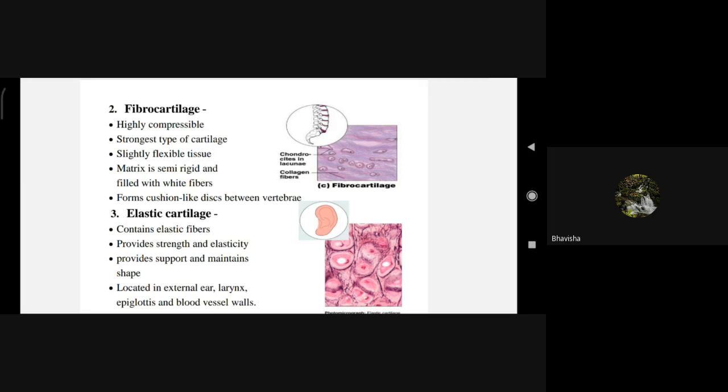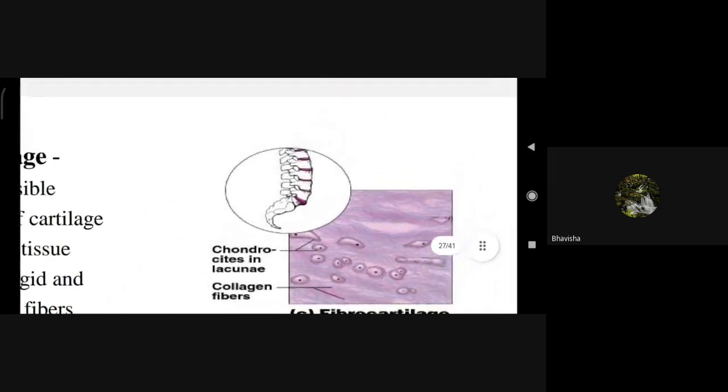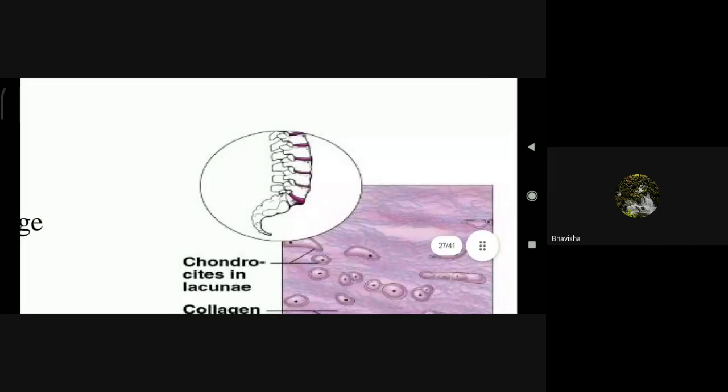If you have seen the structure of the vertebrae, you can see it here too. In between each vertebra there is a type of cushion-like structure, pink colored. You can see in the picture, it is pink colored here.